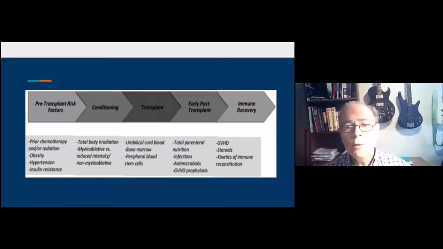During the transplant, we have the three sources. In the early post-transplant, there are patients who need total parenteral nutrition. You have to look at the infections, the use of antimicrobials, and the GVHD prophylaxis. And during the immune recovery, graft versus host disease is very important, you use steroids, and you have to know the kinetics of immune reconstitution.